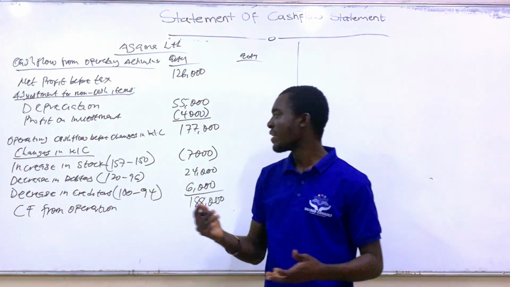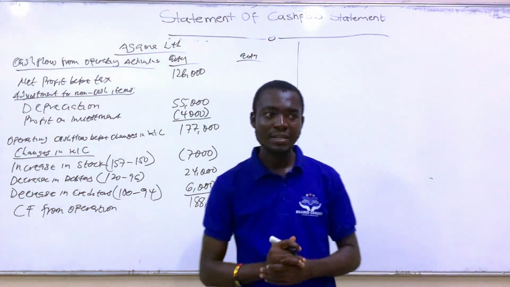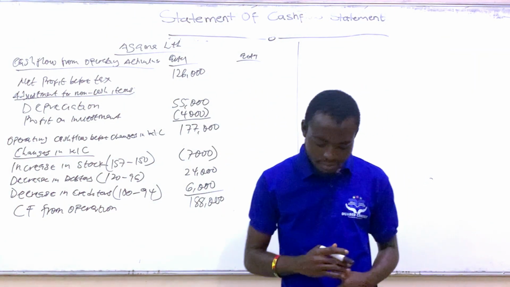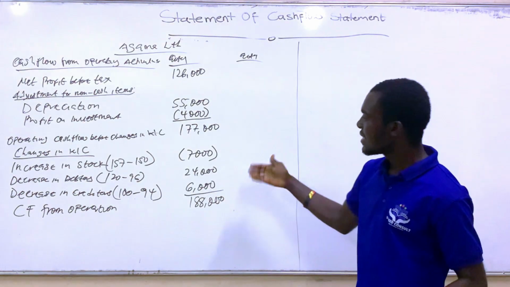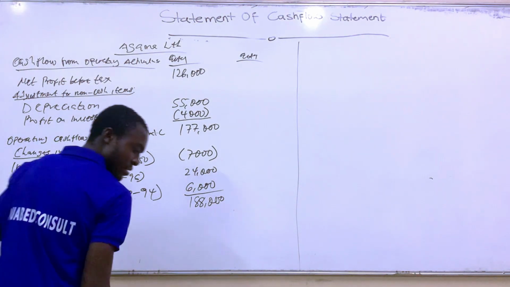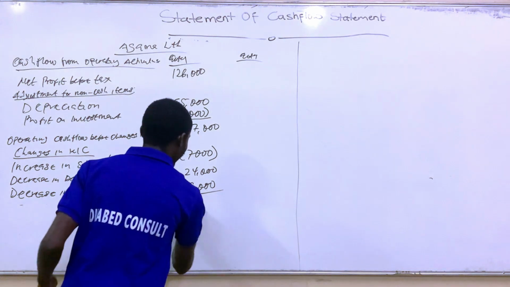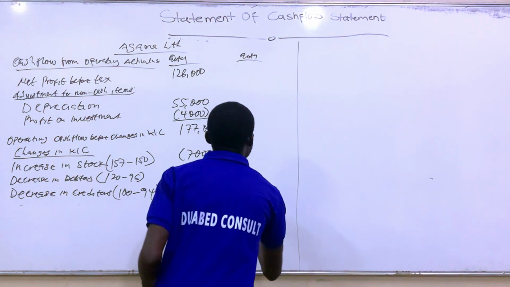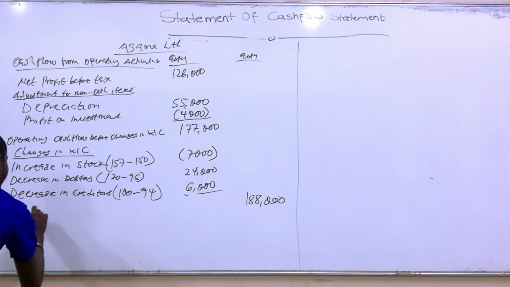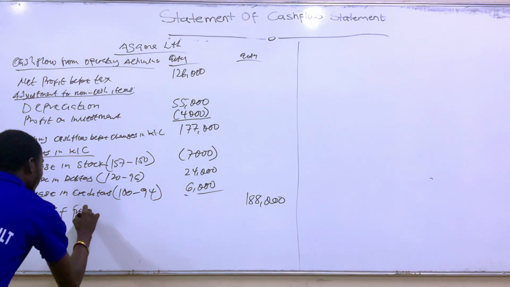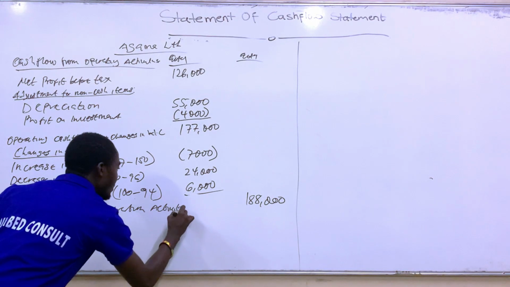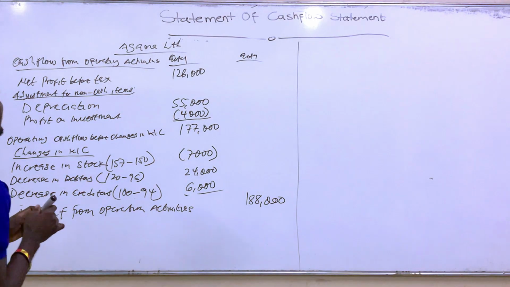But from the question, we didn't pay any tax and we didn't pay any interest as well. So this figure will also serve as the net cash flow from operating activities, 188,000. We are done with one segment of it.